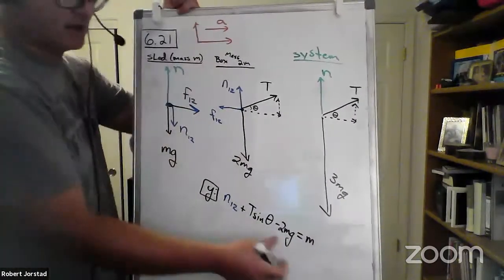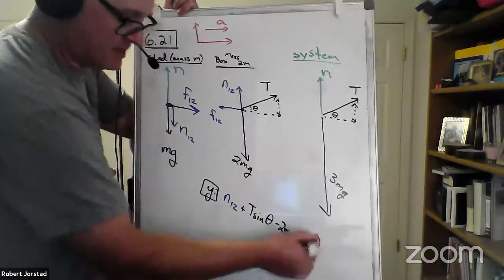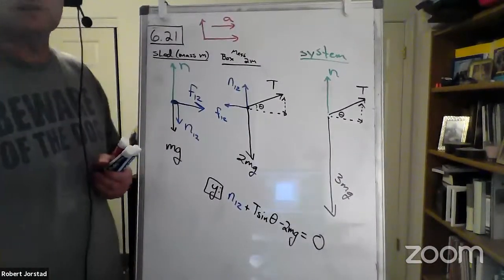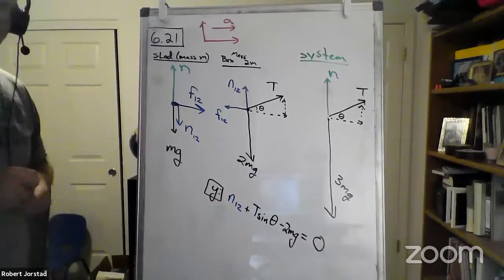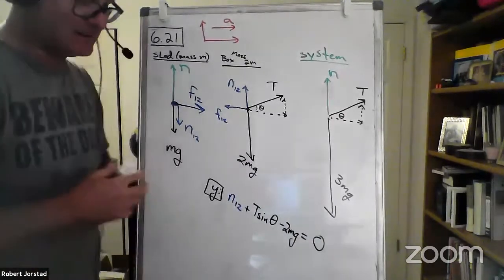What's the acceleration in the Y? 0. Is that what you said, Esteban? Yep. Looks good. Check the chat here. Nice, Jesus. Sorry, it took me that long to catch up. Sorry, dude. All right.